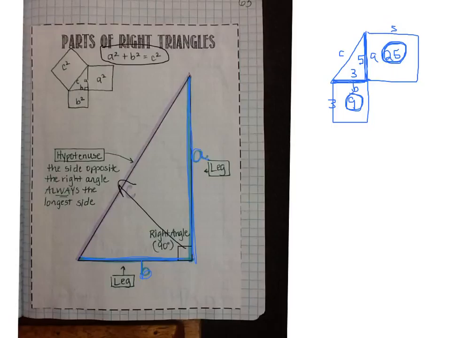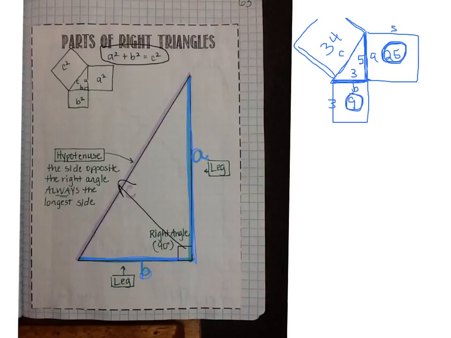So he had 25 little units and 9 little units. And guess what he found? If you put all of those little units together, it fit exactly on this side.